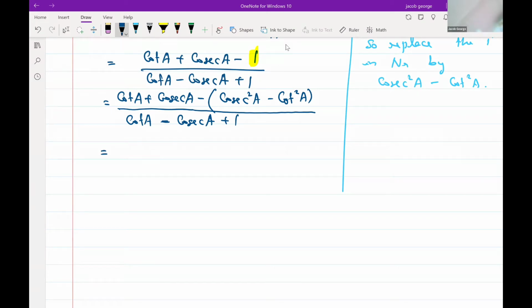So like this, the numerator 1 should be replaced by cosec square A minus cot square A.